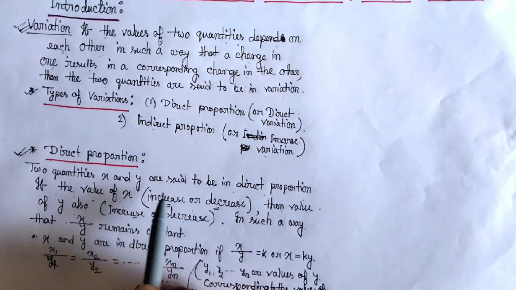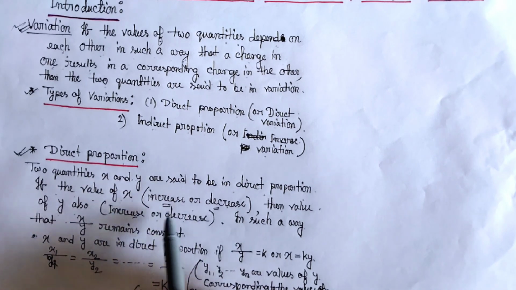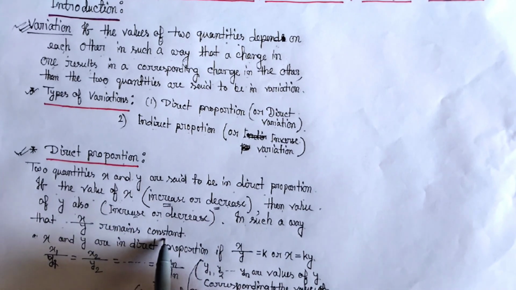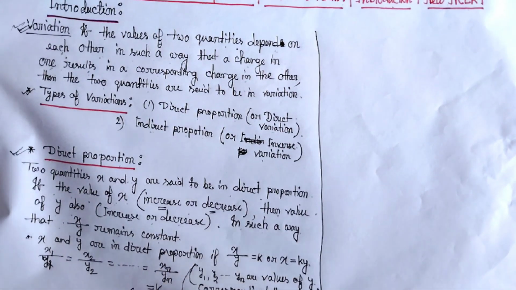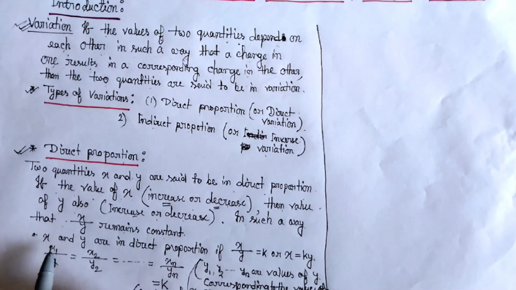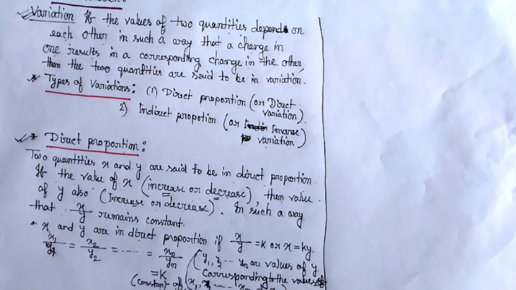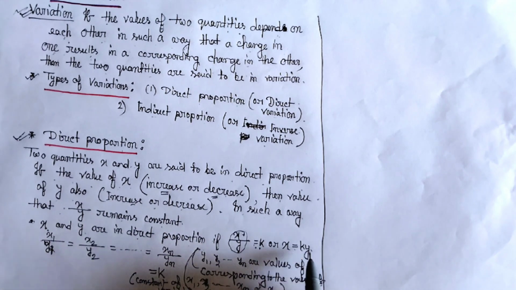In direct proportion, if one quantity increases or decreases, then the other also increases or decreases in such a way that x by y remains constant. Suppose x and y are in direct proportion if x upon y equals k, that means a constant. Their ratio will be constant and x equals k into y.